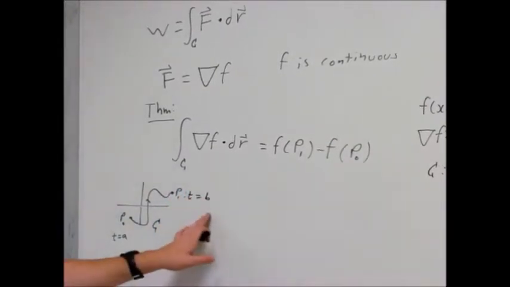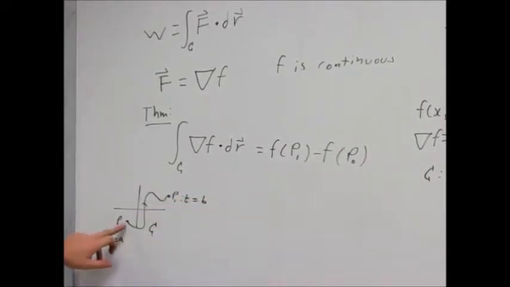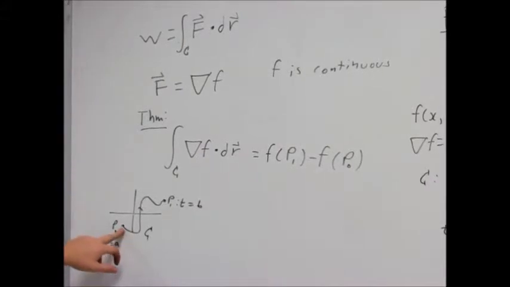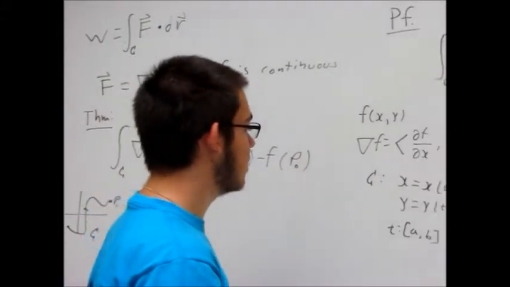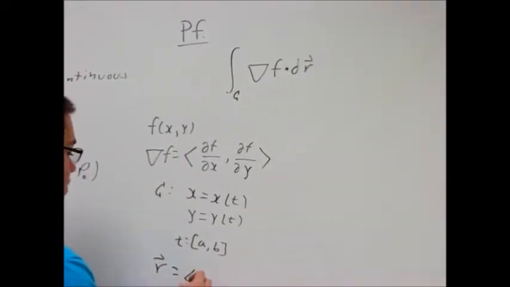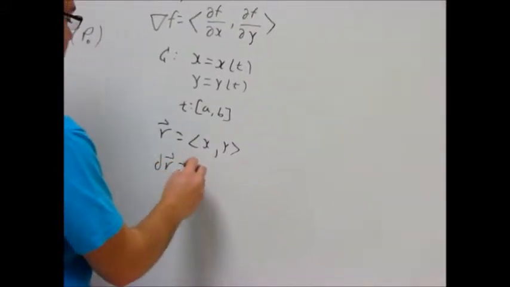So it goes from a to b, and so your point, the x and y coordinates, go from P naught to P1. And so again, we have r is just x and y, and dr will just be the derivatives.